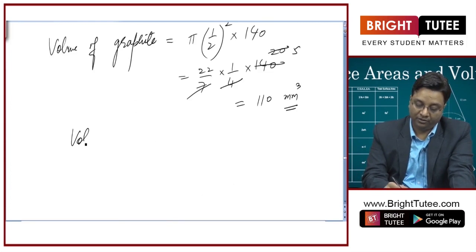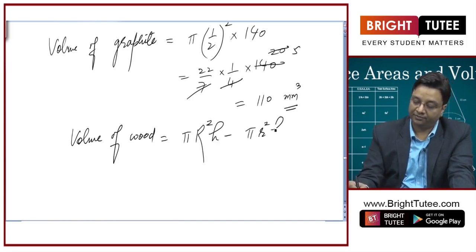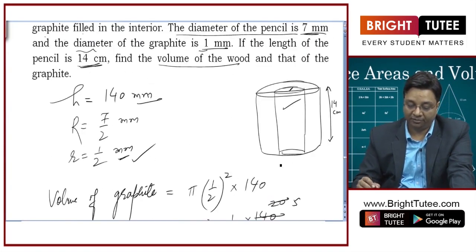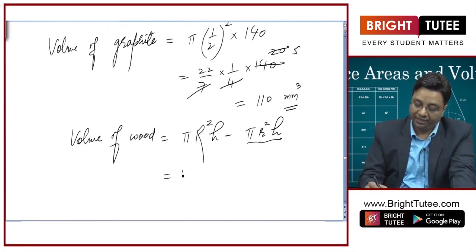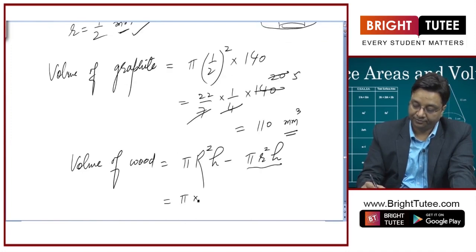Volume of wood will be volume of outer cylinder minus volume of inner cylinder, right? Now volume of inner cylinder we have already calculated. Volume of outer cylinder will be pi radius square. What is outer radius? 7 by 2. So 7 by 2 into 7 by 2.